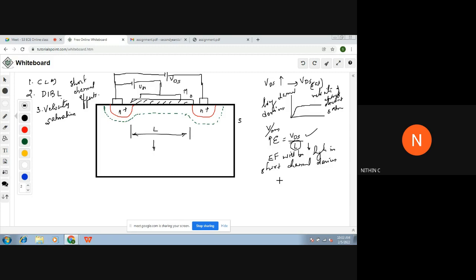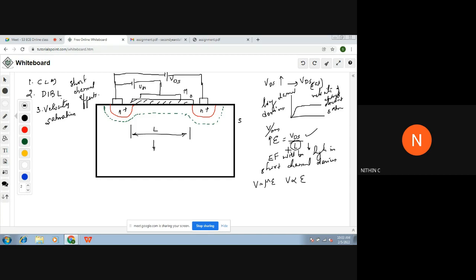So you have the relation between epsilon and velocity, right? Hope you remember that. V is proportional to epsilon. We have studied V is equal to mu E. Mobility we studied in the first module. Drift velocity is proportional to electric field.